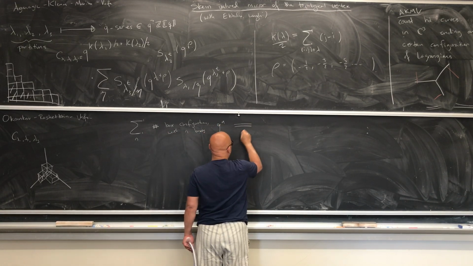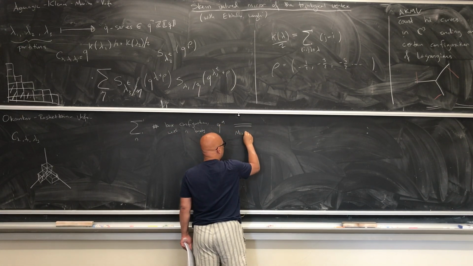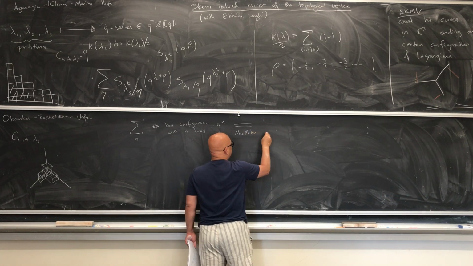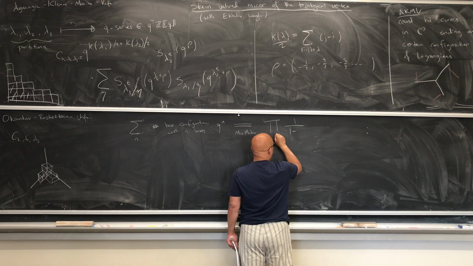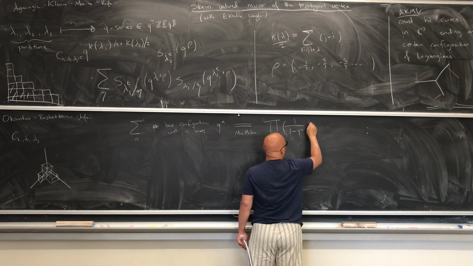And this is given by this famous McMahon formula, which, hopefully I remember, is a product over n of 1 over (1 minus q to the n) to the n.